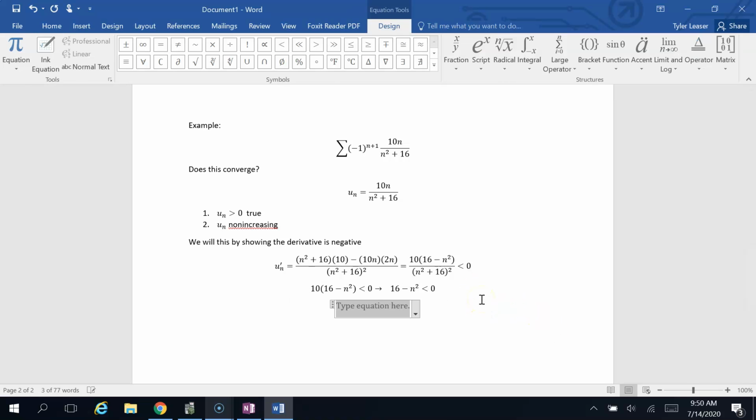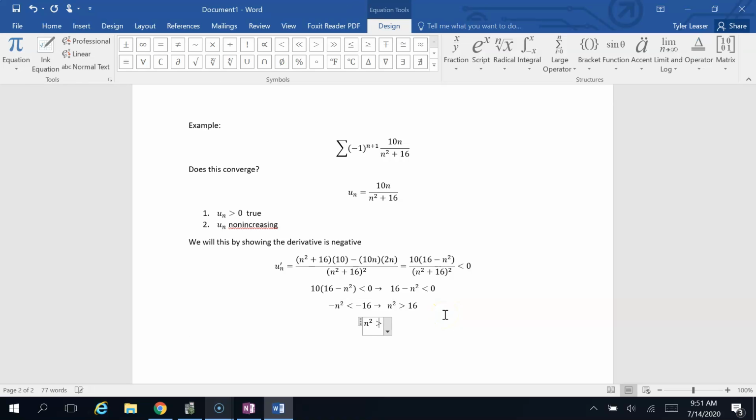At this point, we would subtract the 16 over. Now we would divide by -1, but you have to be careful here, because remember when you divide by -1, you have to flip the inequality. So we get n squared is greater than 16, and then we can take the square root.